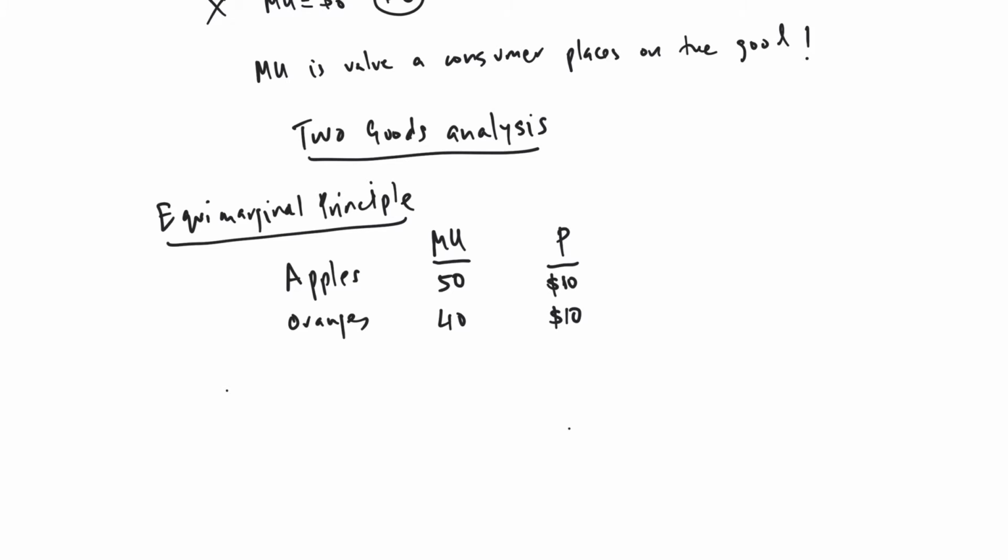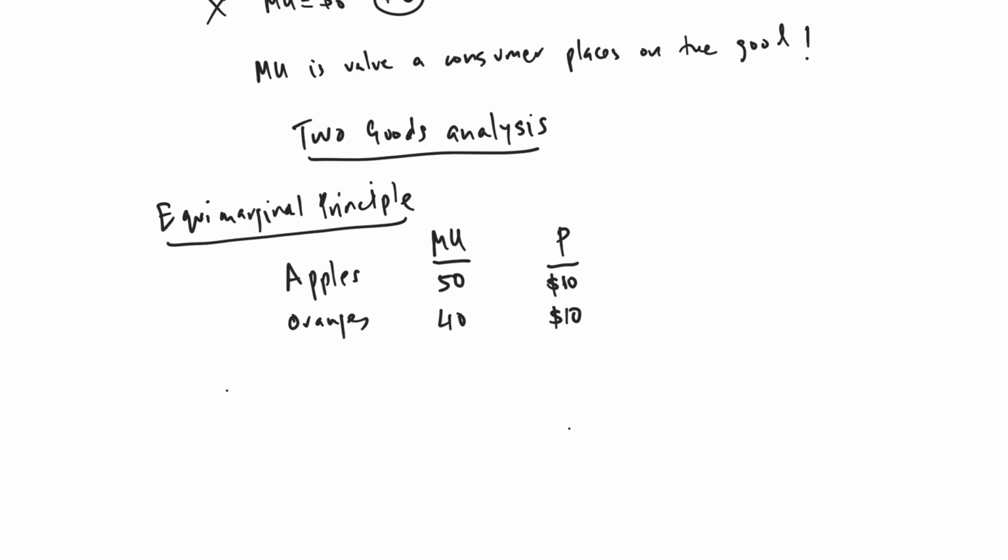Okay, now I'm going to ask you this: if you're spending $10 on apples and you get a satisfaction of 50, versus $10 on oranges where you get a utility of 40, one thing we need to look at is how much you are getting per dollar. What's your per dollar utility from apples versus oranges?